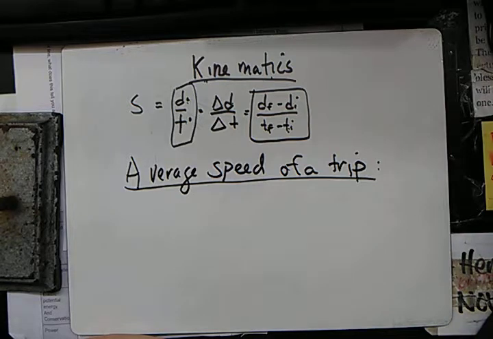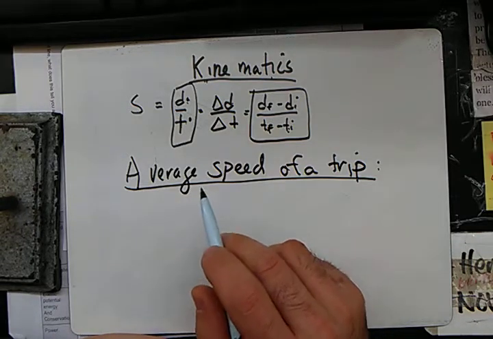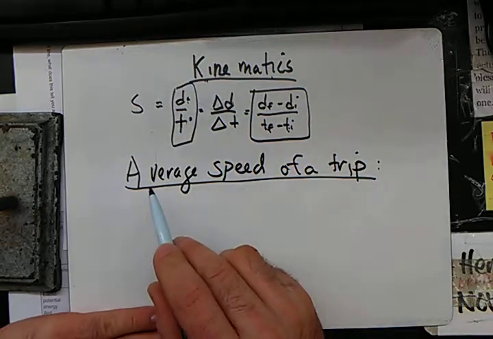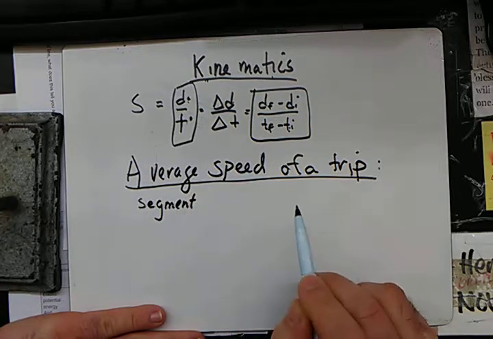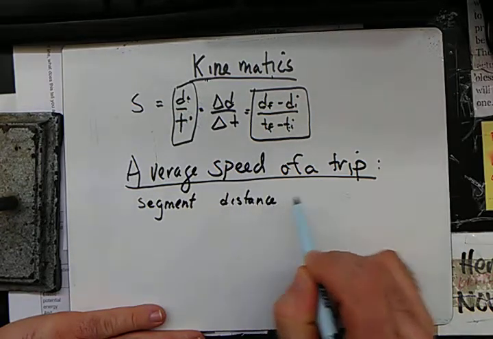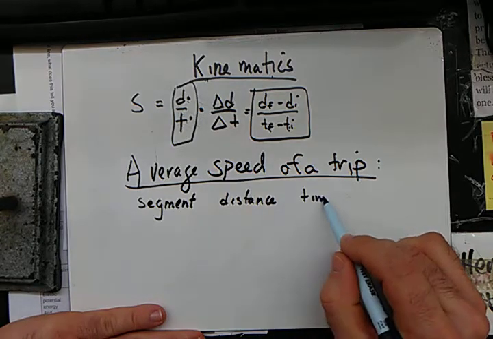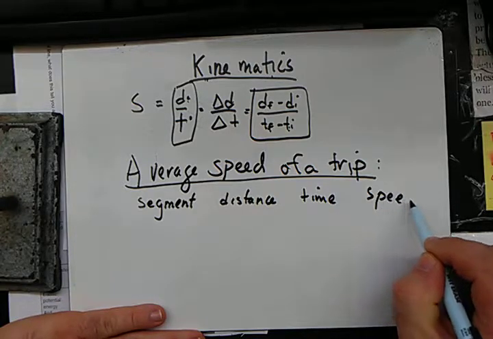So I'm going to show you guys how to get the average speed of a 3-segment trip. This might be something that you will see a little later, as well as in some problems in the problem sets, so this is something you want to take down. We have a label on the top: this is the segment of a trip, this is the distance of a segment, this is a time, and speed.